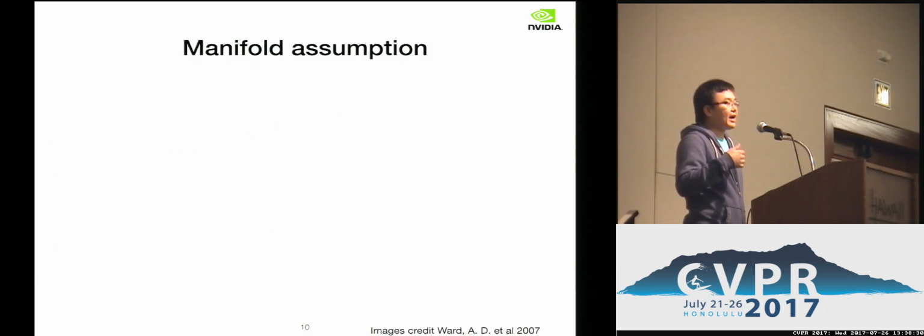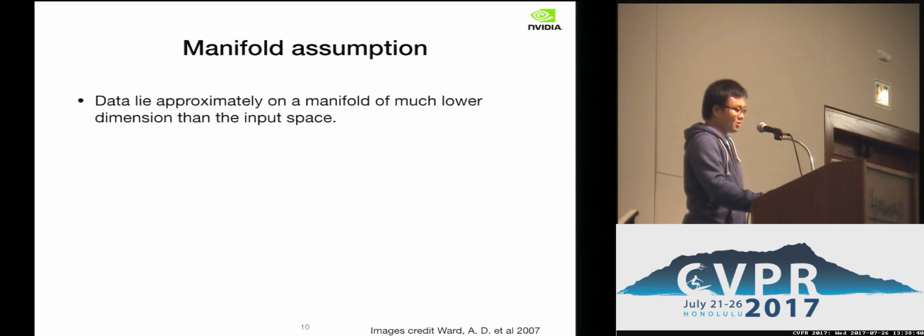So to work with high-dimensional data, we need something to help us. The most common assumption we use is the manifold assumption. It's basically saying that data lie approximately on a manifold of a much lower dimension than the input space.